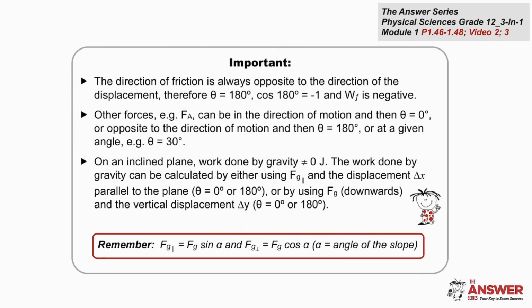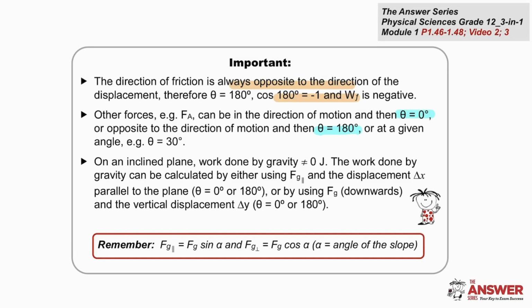To generalize, friction is always in the opposite direction to displacement, so the work done by friction is always negative. Forces like the applied force can be at any angle to the displacement, from 0 to 180 degrees or anywhere in between.